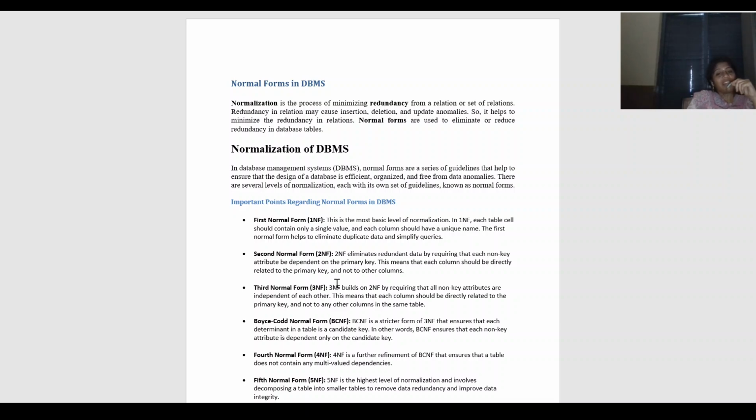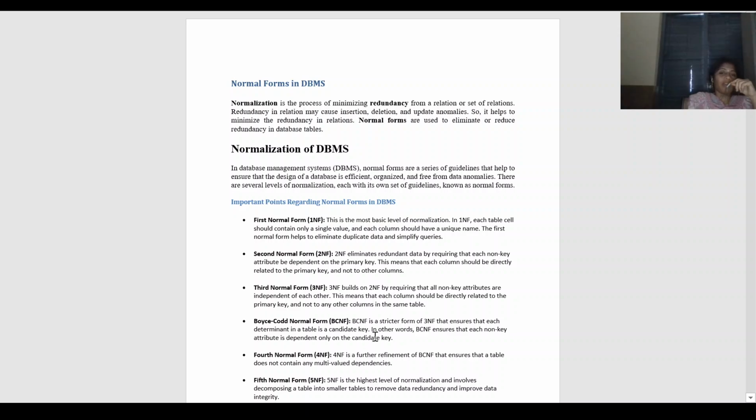This means that each column should be directly related to the primary key and not to any other columns in the same table. And in one table we will take only one primary key, and the other columns are not dependent on each other in the same table.